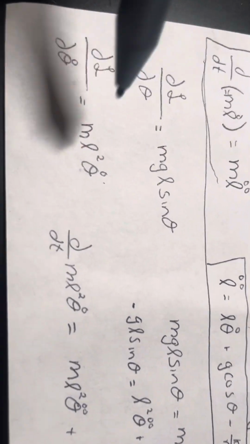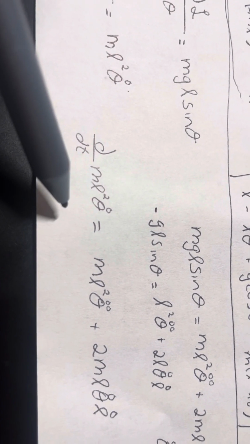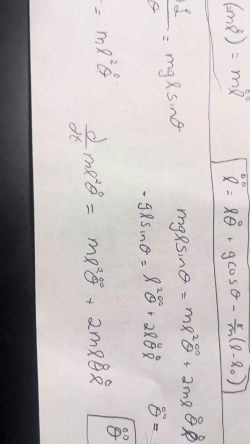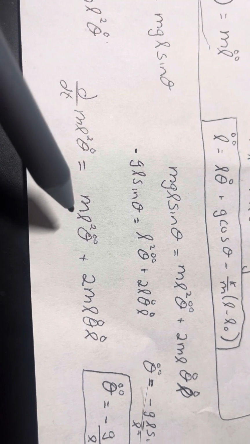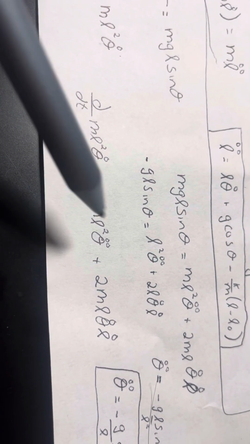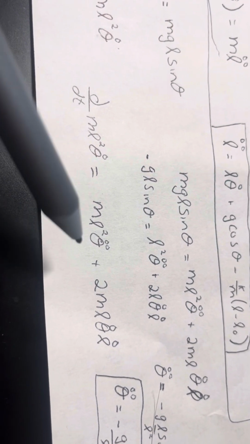And then when you take the time derivative of that, L squared and theta dot both depend on t. So you have to use the product rule, and for the first part you get m L squared theta double dot.